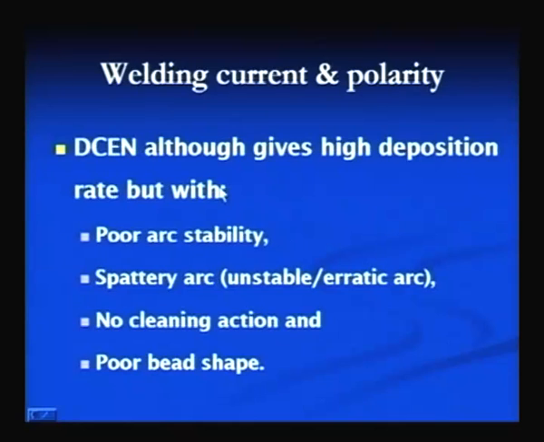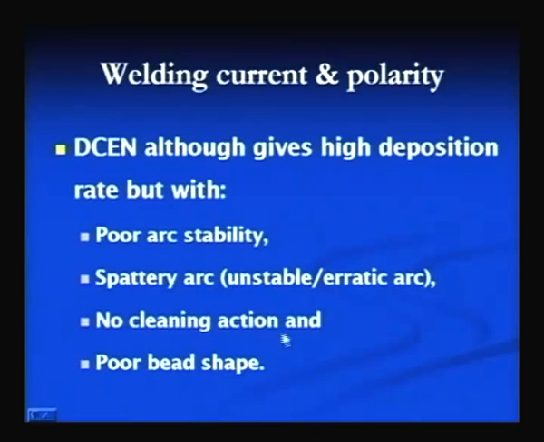So, that offers the advantage of the high deposition rate, but at the same time it suffers with problems like poor arc stability, a spattery arc or unstable and erratic arc is produced, no cleaning action is obtained, and poor bead shape is there.